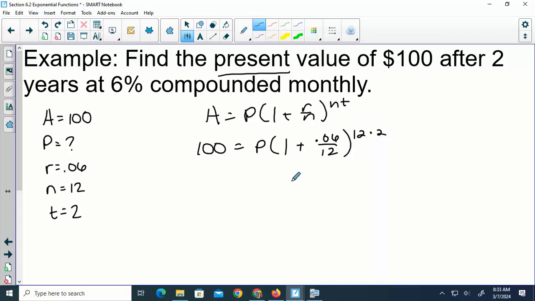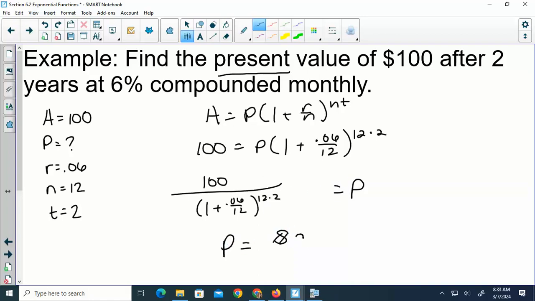So you can simplify this, or you can just divide it all over at once. You can do that. We get 8872.